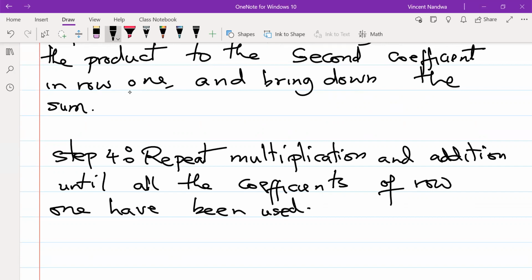That means repeat step 3 up to the last coefficient in row 1.